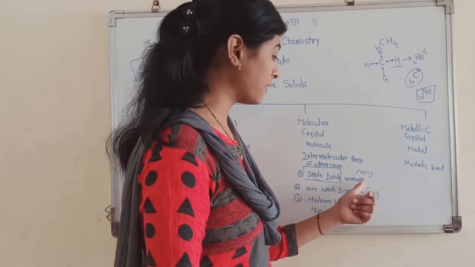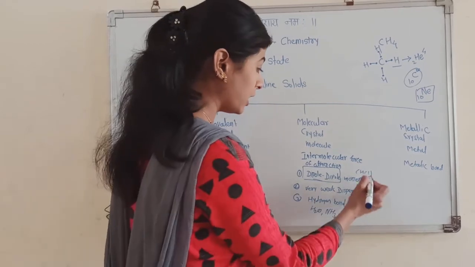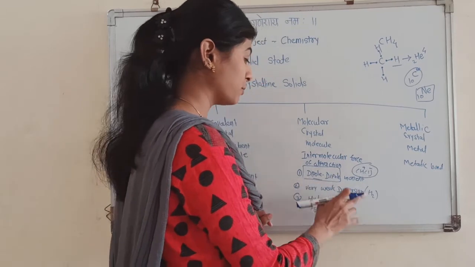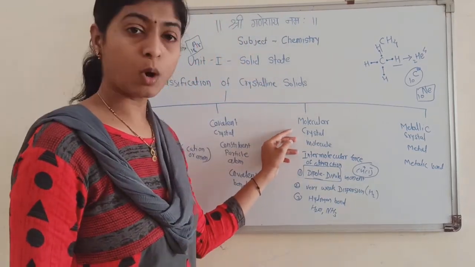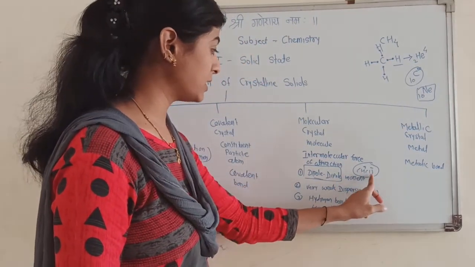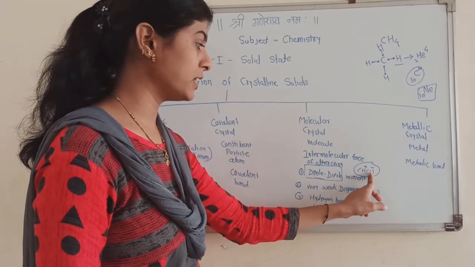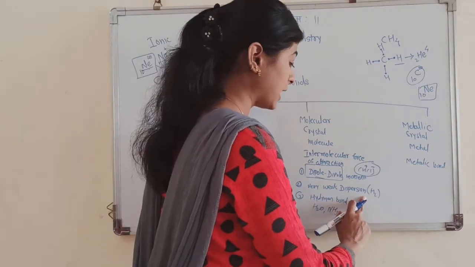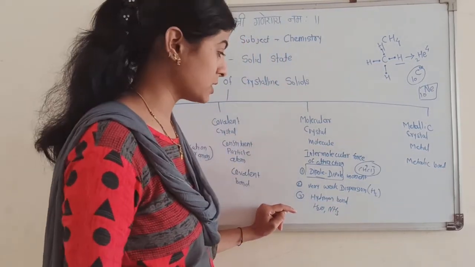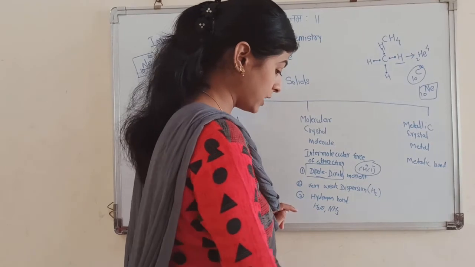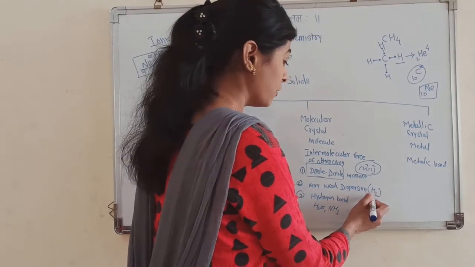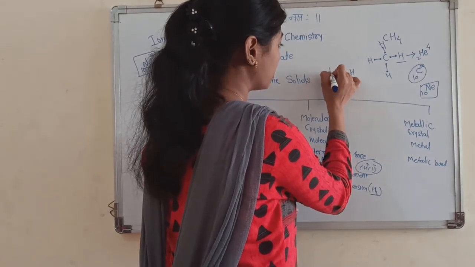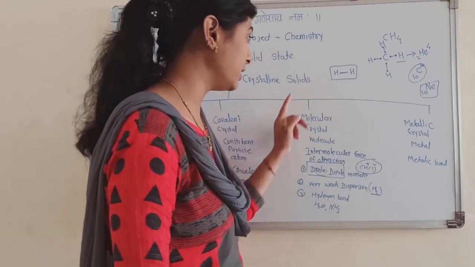An example is HCl, where the H positive pole and Cl negative pole attract each other to form a molecular crystal. Very weak dispersion forces occur in non-polar substances like H2 molecules. Here it is non-polar, it doesn't have any pole.